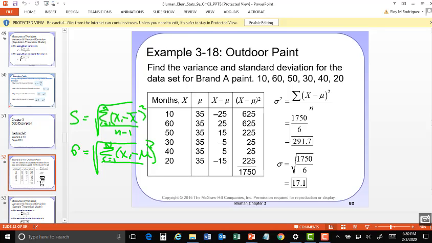So, error. Alright. This was squared, you see? Now, to get rid of that square, I have to square root both sides. The square root of a square is just a number.